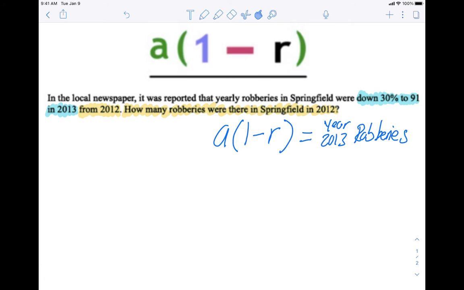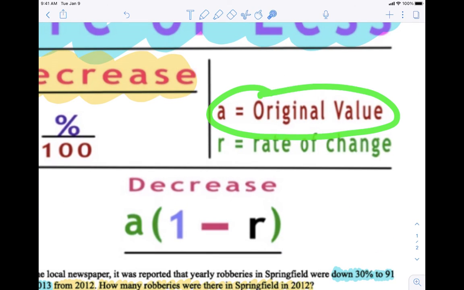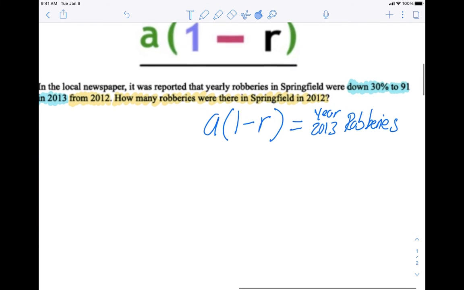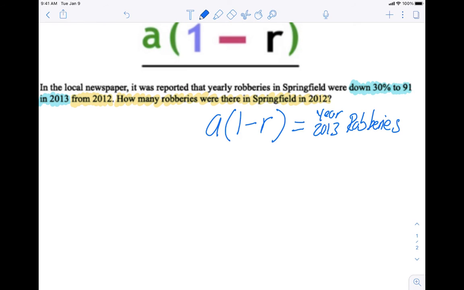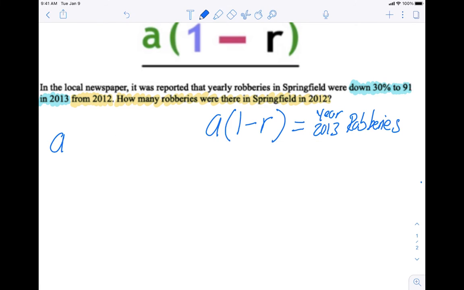We don't know the original value. But what we do know is, let's write it down. Let's say A equals, R equals. So let's start. A, what is the starting value? Right? A is the starting value. But remember, 2012 is before 2013.